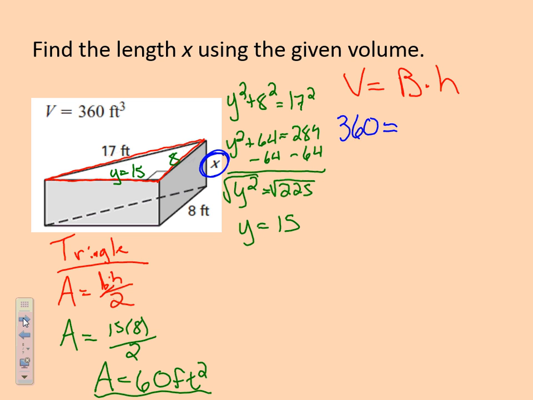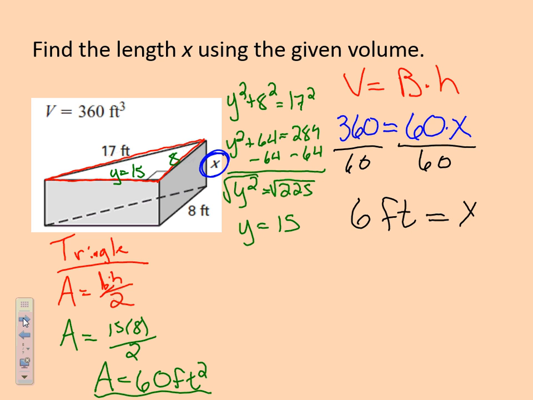My base area I just found was 60. And I don't know my height. So to find my height, I'm going to divide both sides by 60. 360 divided by 60 is 6 feet, which equals x, or my height. And there we go, ladies and gentlemen, that is our answer.